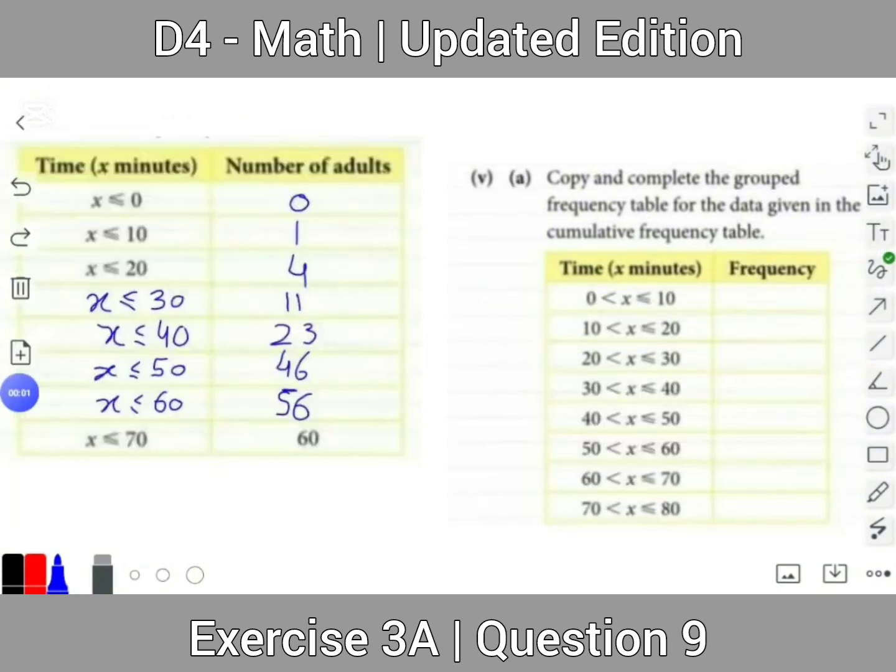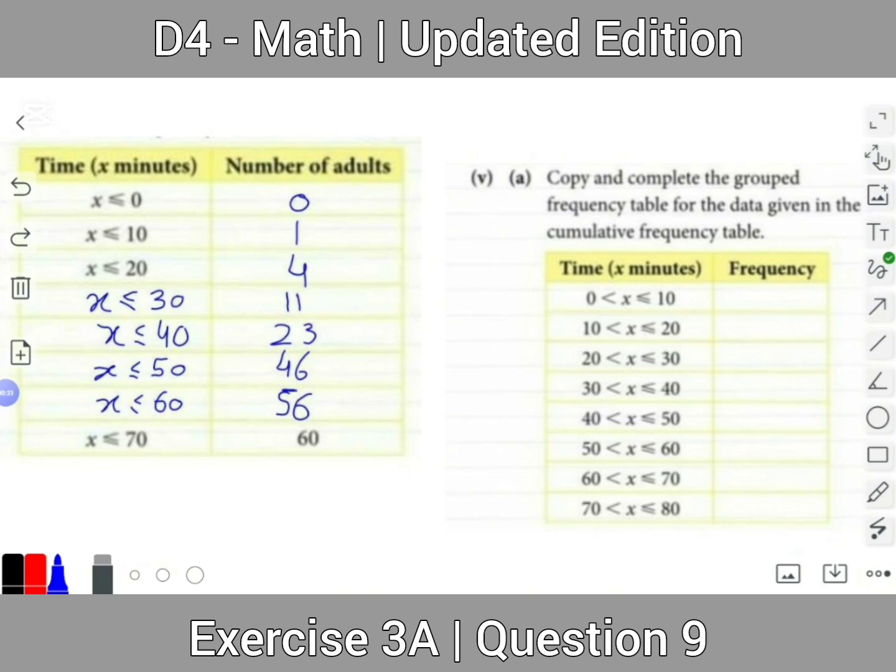Now in part 5, copy and complete the grouped frequency table for the data given in the cumulative frequency table. So first we will identify the class intervals from the cumulative frequency table, but the class intervals are already given in the question.